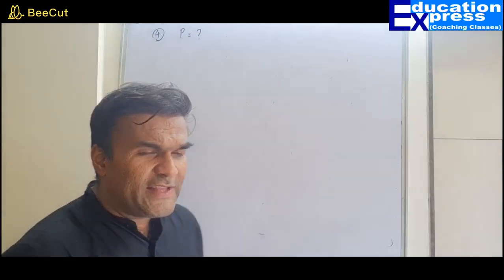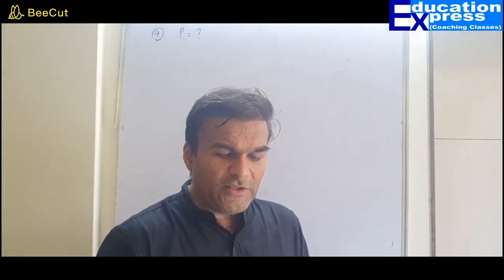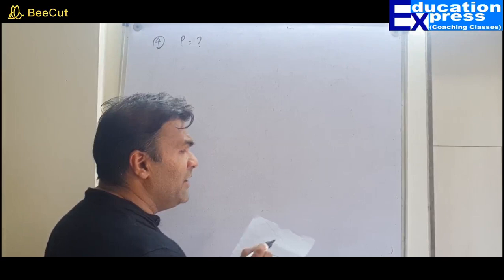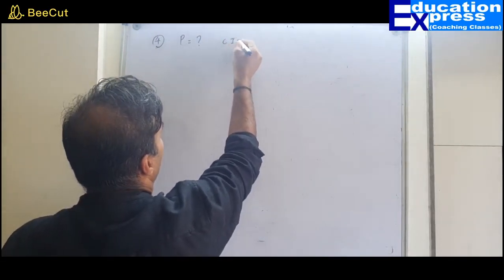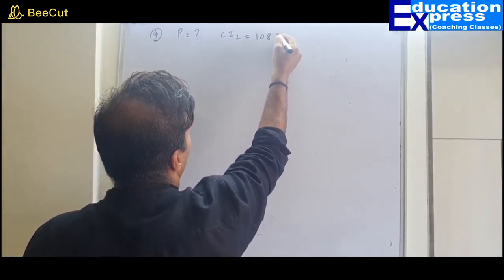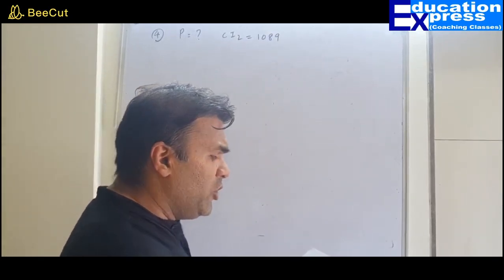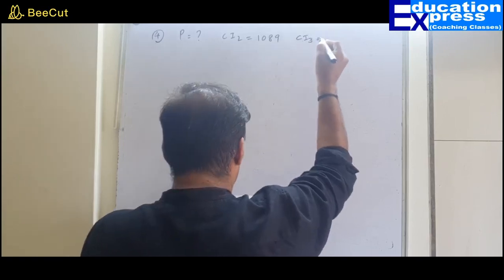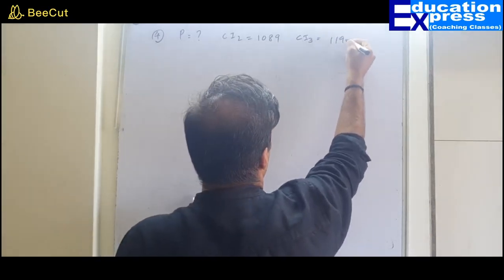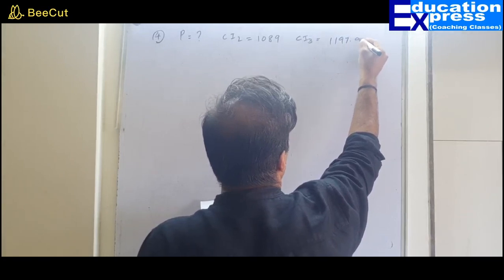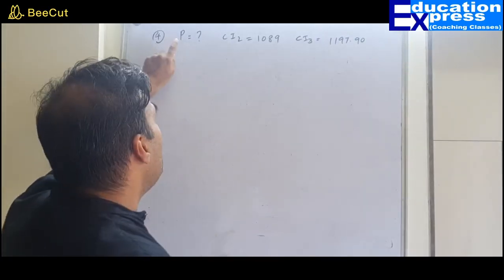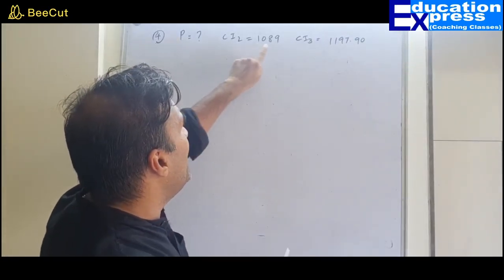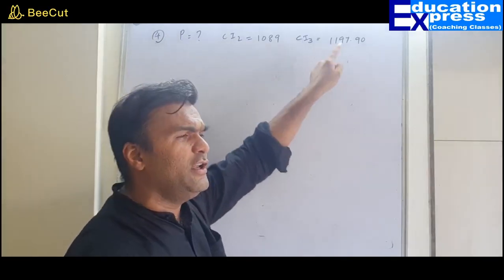Compound interest for the second year is 1089, and compound interest for the third year is 1197.90. Principal not available. Compound interest for second year available. Compound interest for third year available.